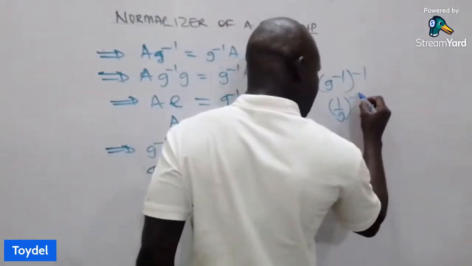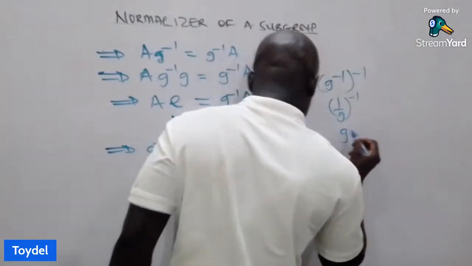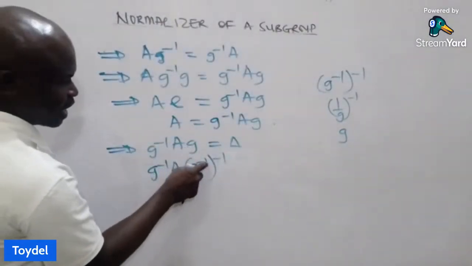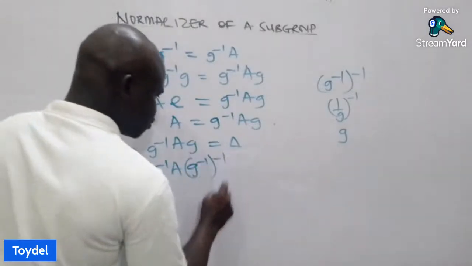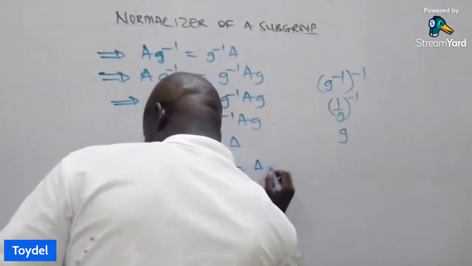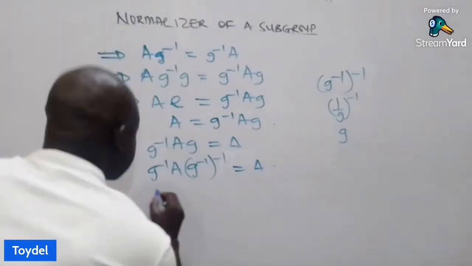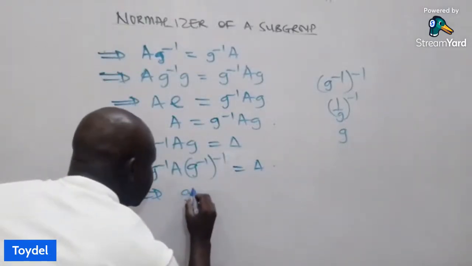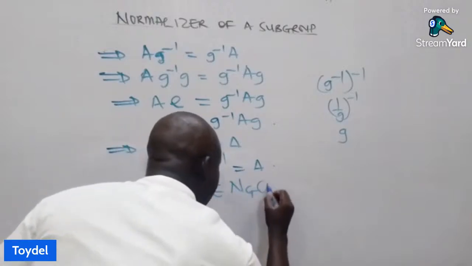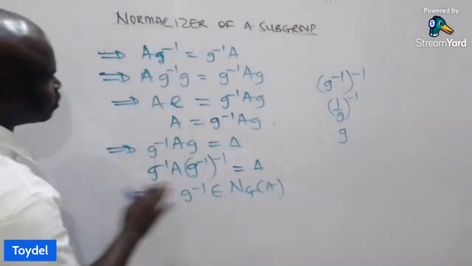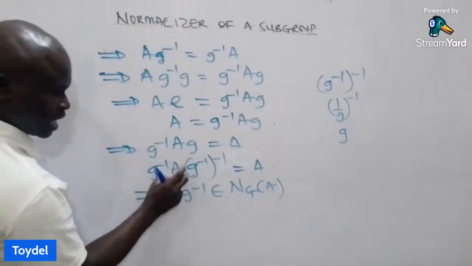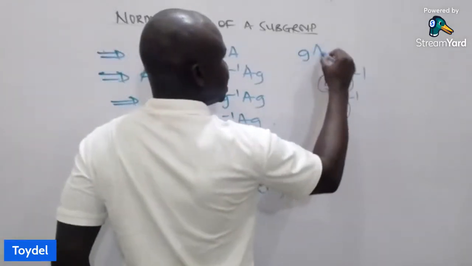I want to take the reciprocal again. Then automatically it's going to become G. So we can write G as G inverse into bracket minus 1, which is equal to A. If that is the case, it implies that G inverse belongs to the normalizer of A. So we are just trying to rewrite this in such a way that we have something in the form of G inverse A G, just like when we say G A G inverse.